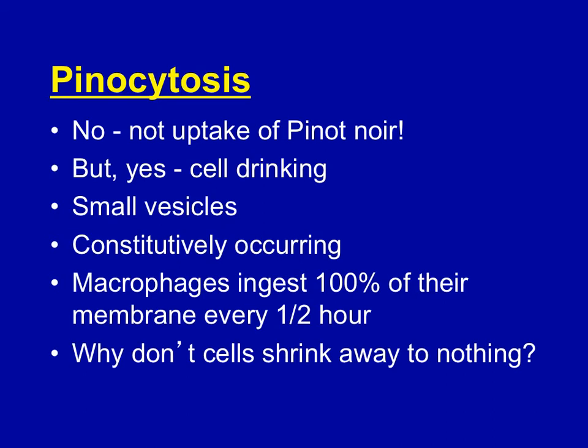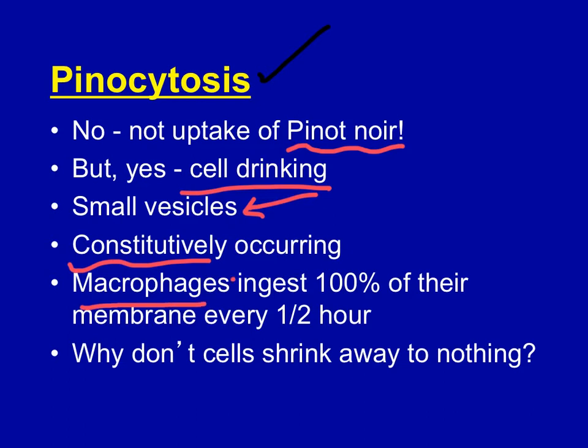Alright, another mechanism for internalization was pinocytosis. I told you, think of this as cell drinking, so I always think Pinot Noir is a nice wine that you would drink, so cell drinking. Cells need to drink. These are really incredibly small vesicles that are taken in constitutively, which means it's happening all day, every day. And so that means that you're taking in a lot of membrane, and in a particular cell called macrophages.